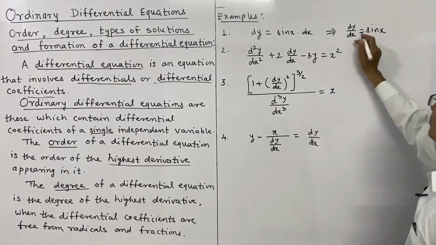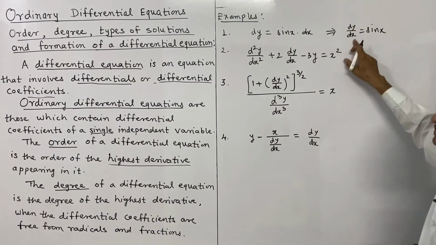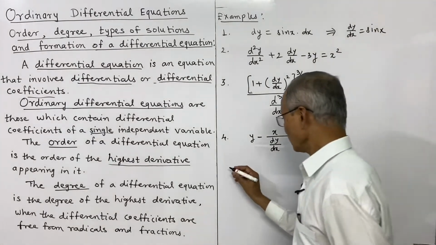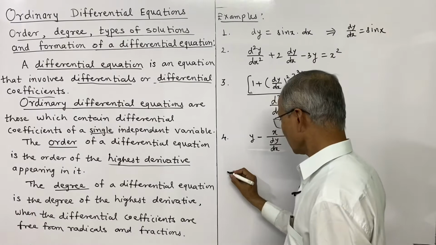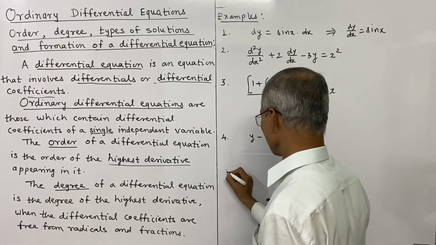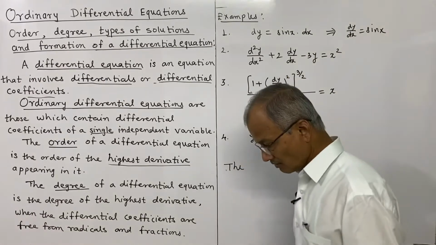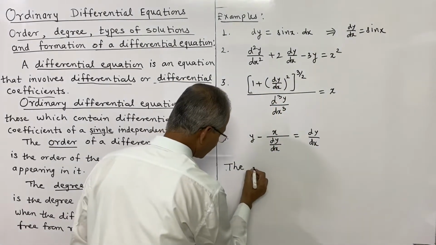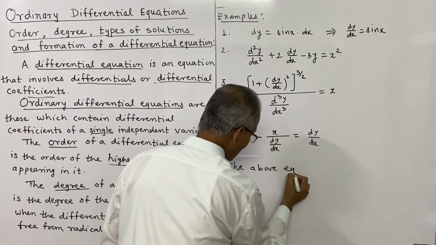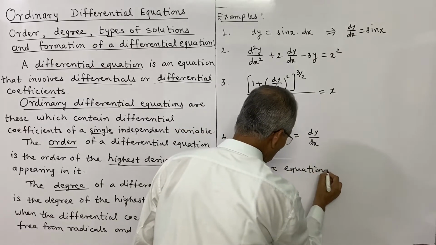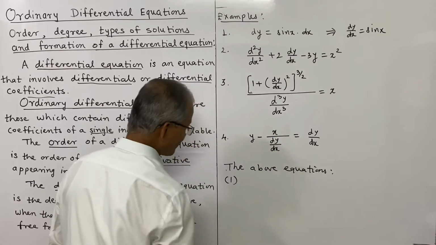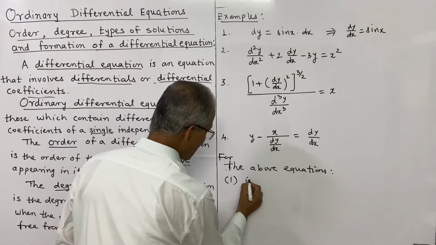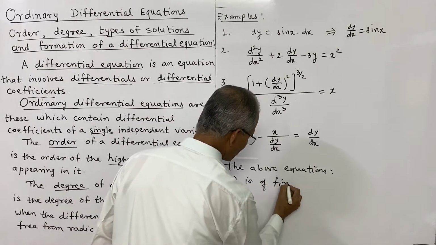Here you can see the order of this derivative is first order, and therefore this is the first order differential equation. For the above equations, one is of first order.